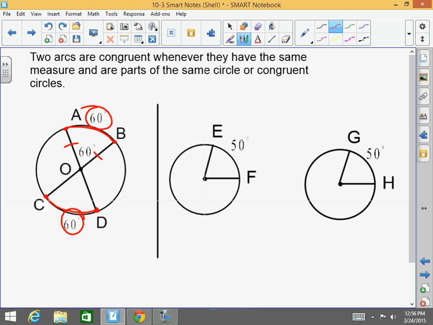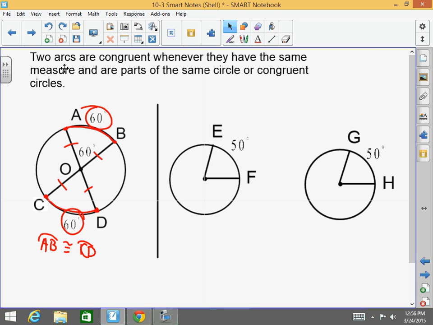So the radii that created those two arcs are also congruent. Therefore, when they have the same arc measure and they're in the same circle, they are congruent arcs. So I can say arc AB is congruent to arc CD.